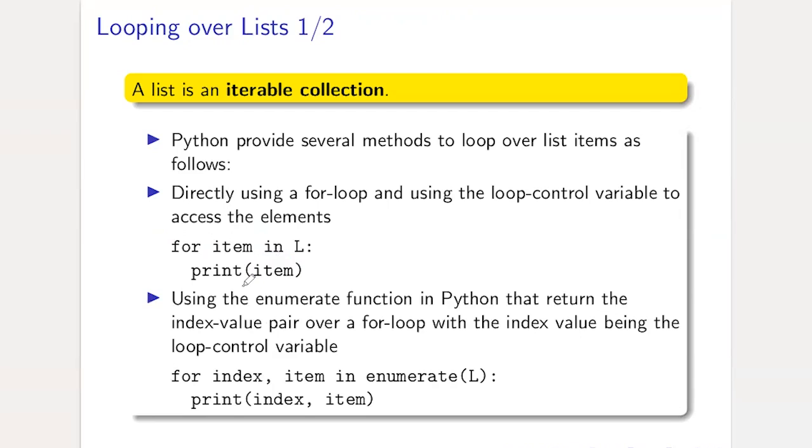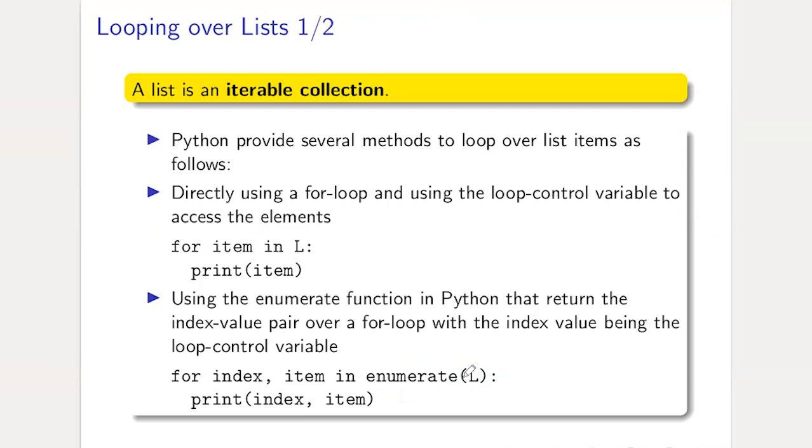We can use the function called enumerate. This function is available in Python, where we pass as an argument any enumerable collection. A collection through which we can iterate is enumerable.